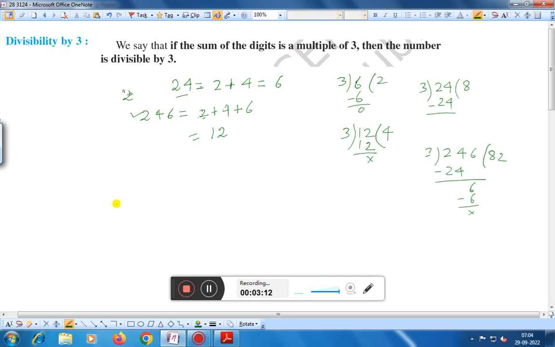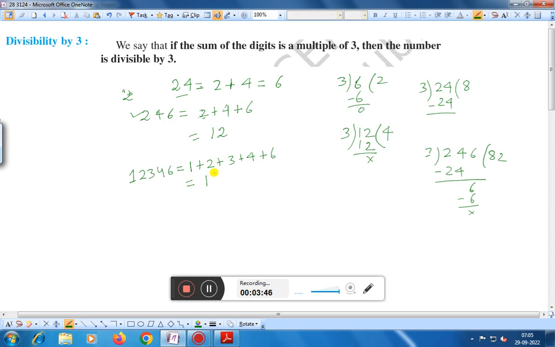Let us take another example. Suppose the number is 12346. If we add the digits, 1 plus 2 plus 3 plus 4 plus 6: 4 plus 6 is 10, plus 3 is 13, 14, 15, 16.